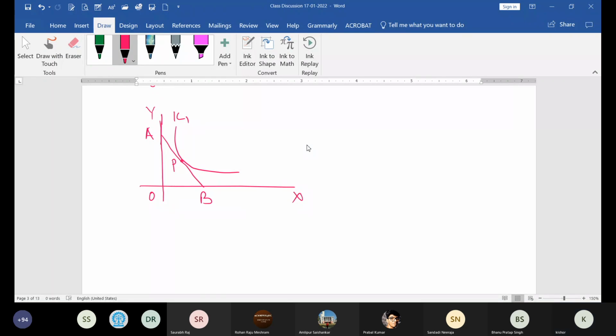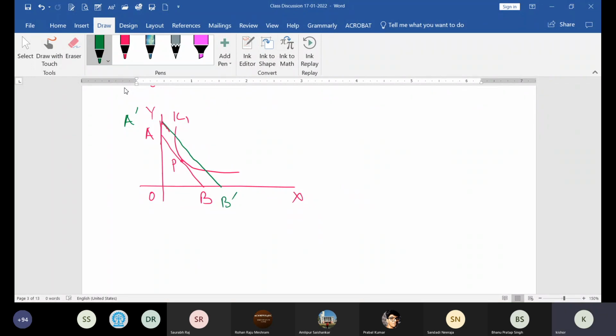Suppose you got new money with you, you got a greater amount of money. So you will purchase more quantity of both X and Y because I assume that both X and Y are normal commodities. So you got a new budget line which is termed as, suppose, A dash and B dash.